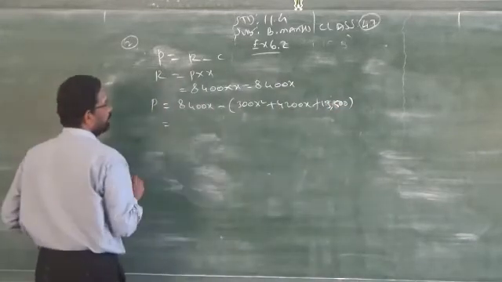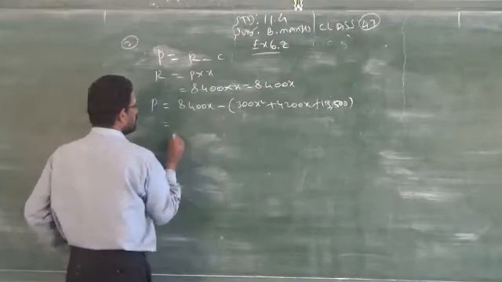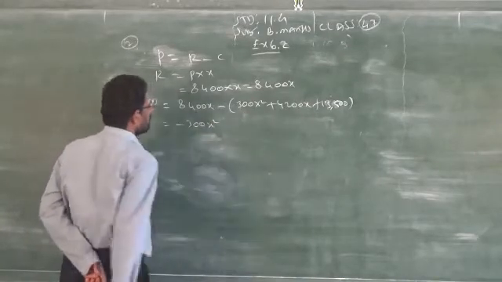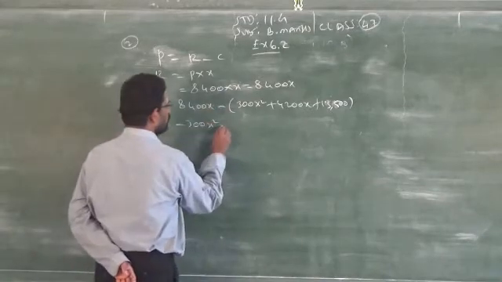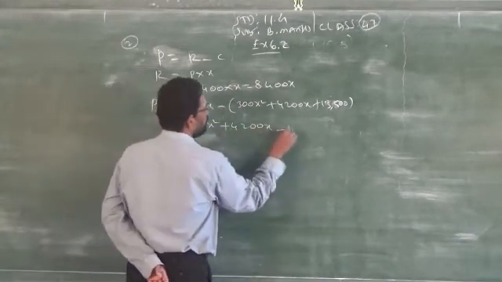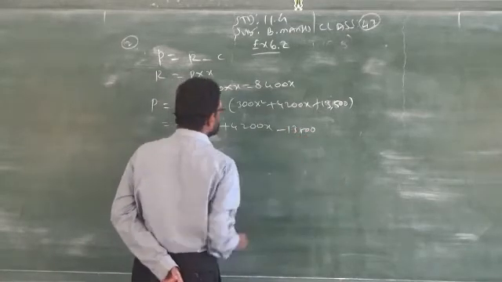So simplify: you take minus inside the bracket, you will get minus 300 X square. When you take minus inside, 4,200, here 8,400, so the answer is 4,200 X minus 13,500. Isn't it?